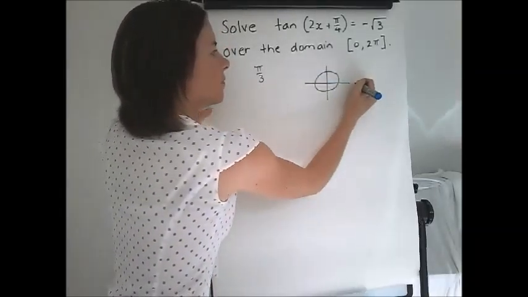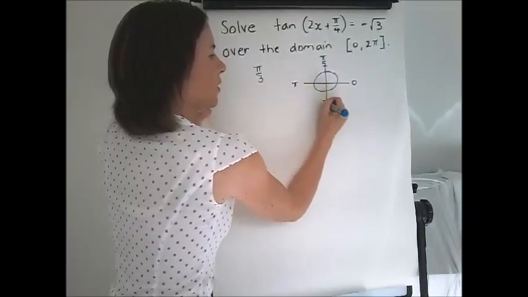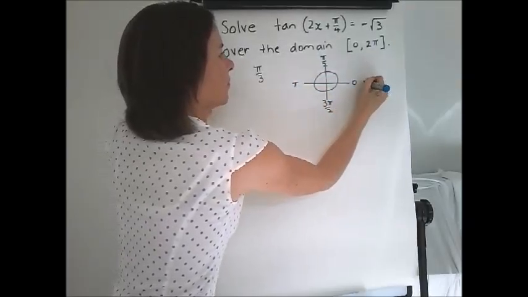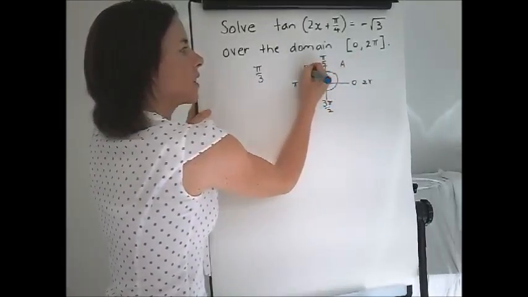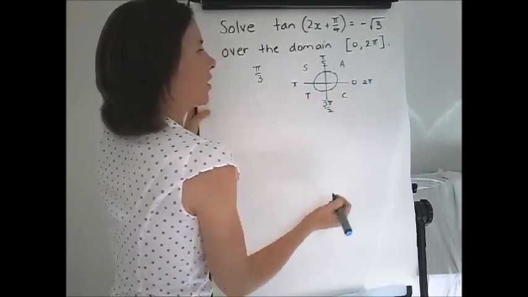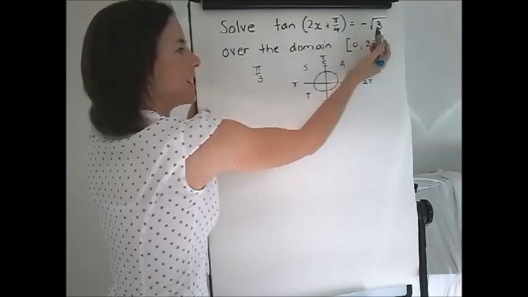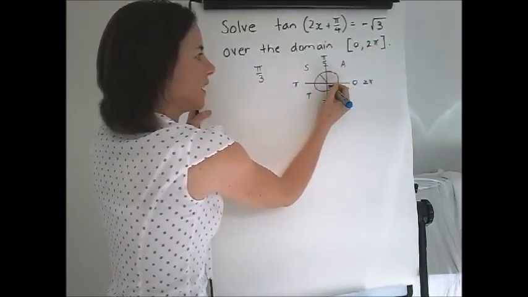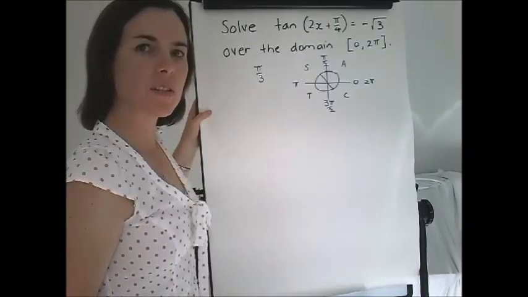Unit circle. We're in radians, so we deal with radians. All are positive there. Sine is positive in the second quadrant. Tan is positive, cos is positive. So the places where tan is negative are here and here, just the second and fourth quadrants.